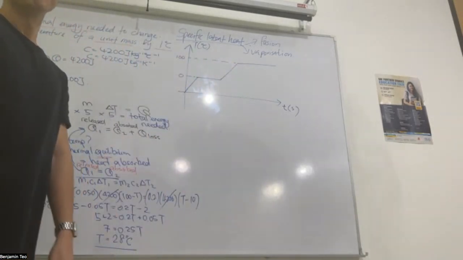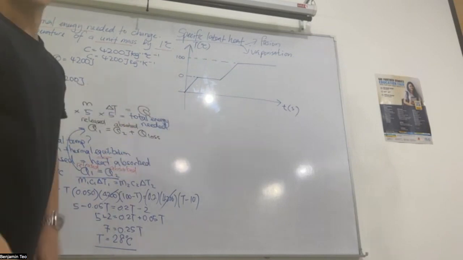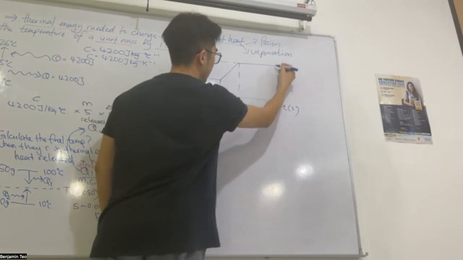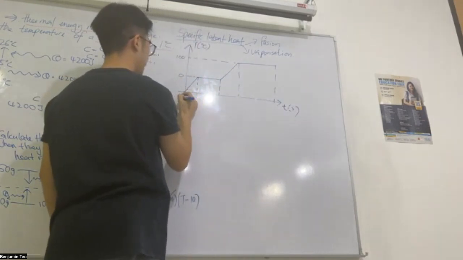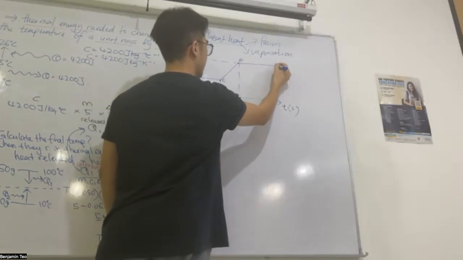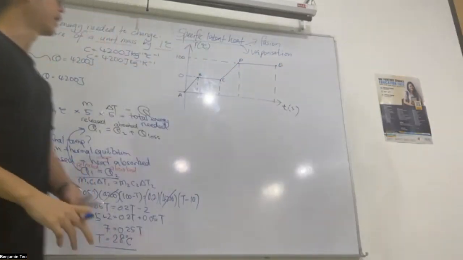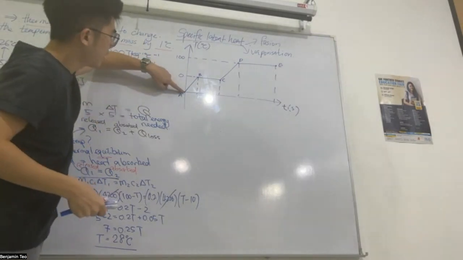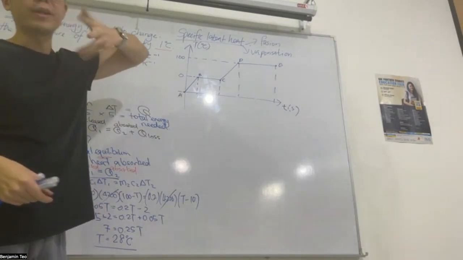Okay. Easier, I start here, I don't start at the x-axis. So here are your stages: A, B, C, D, E. Okay. If I ask, what is the state of the water at point A?